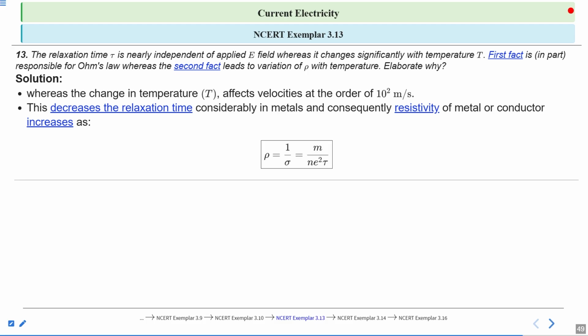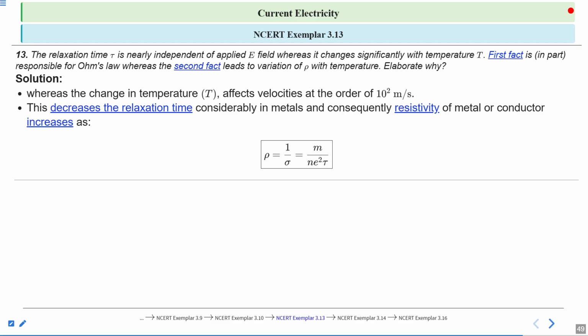So resistivity is equal to 1 by conductivity, 1 by sigma, where sigma equals n e square tau upon m. So the mass of the electron is constant, the number density is nearly constant, the charge on the electron is constant, and if the relaxation time is decreasing due to increasing temperature, the resistivity will increase.